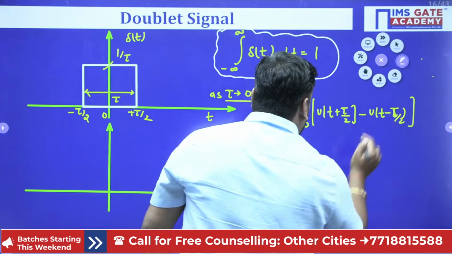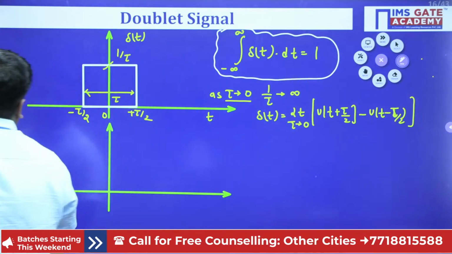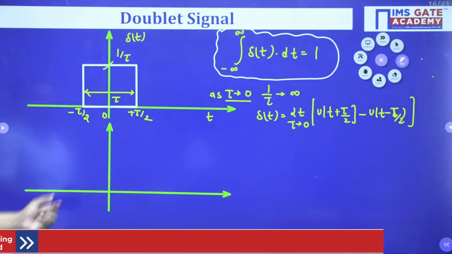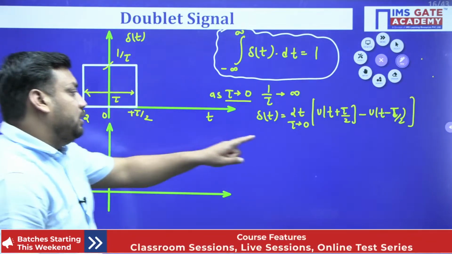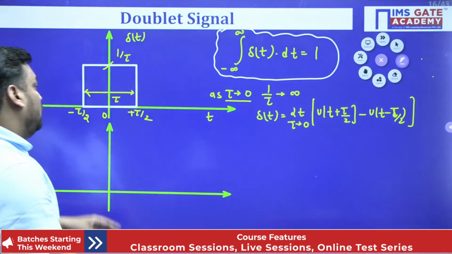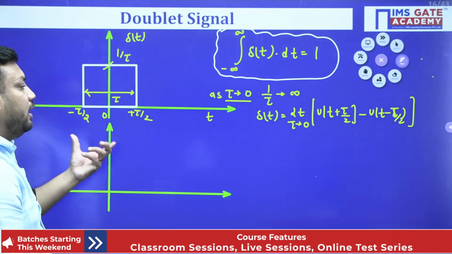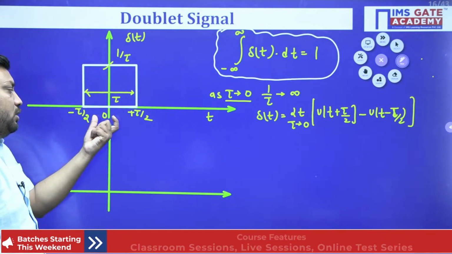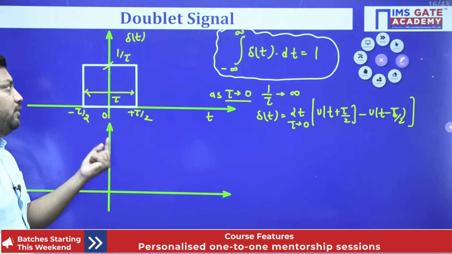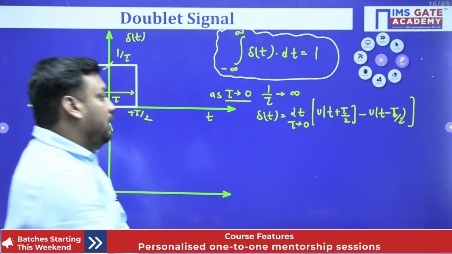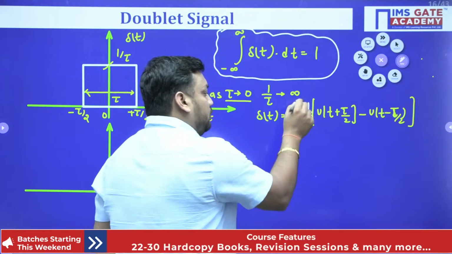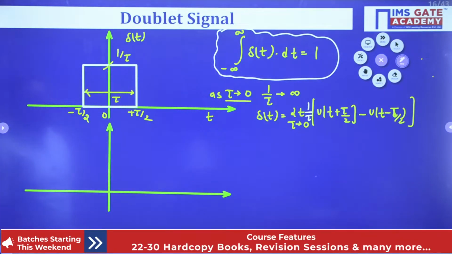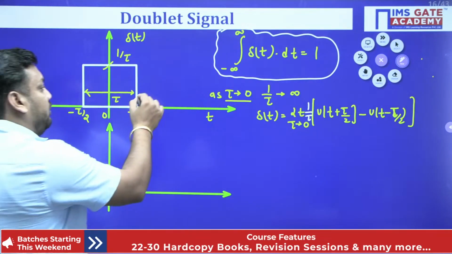Can I write this equation or not, just do reply fast. This is a rectangular pulse equation, so I should write u of t plus tau by tau, and after that u of t minus tau by tau. So I will get a rectangular pulse, and if tau is 0, the height 1 by tau definitely becomes infinity. If tau tends to 0, something upon 0 is infinity. So this is the equation of del t as far as this curve is concerned.